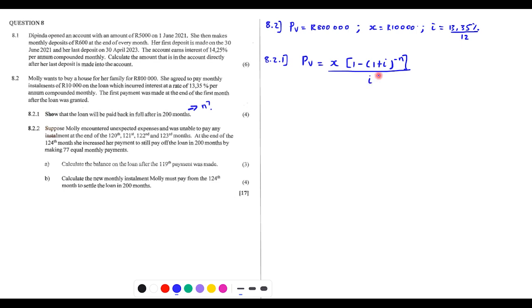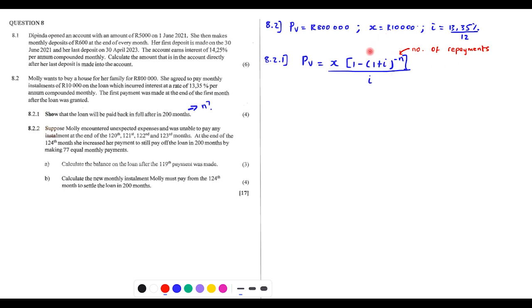Now very important, just to say this quickly, the value for n is the number of repayments, so it determines how many times you have paid the bank.